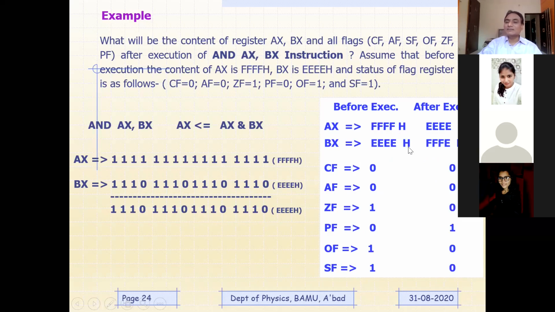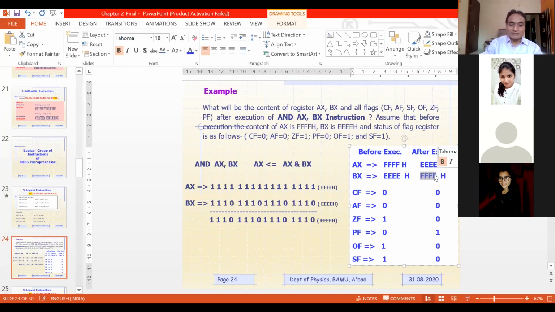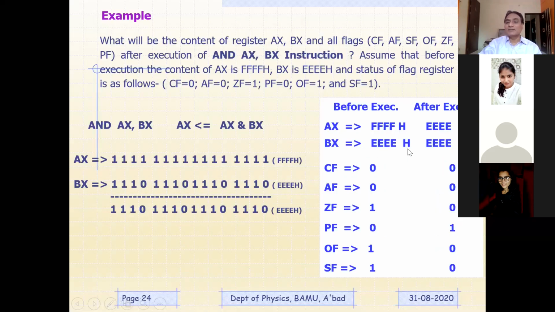BX will remain as it is, because BX is not going to be changed. What is BX? You can see this is going to be EEEH. So BX will remain unchanged. Only AX is going to be updated. So whenever we AND F with E, you get EEH.